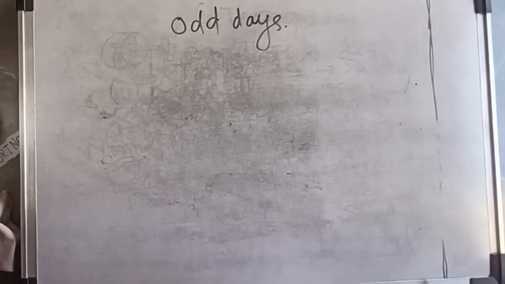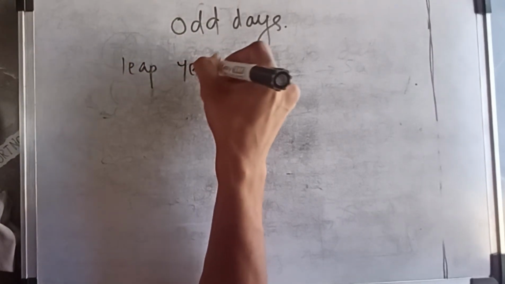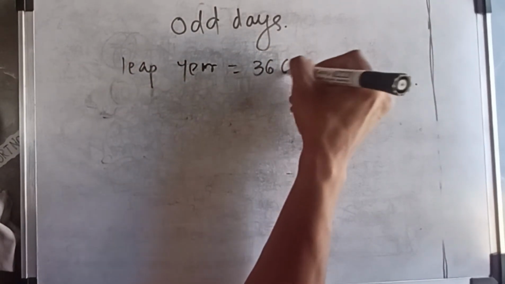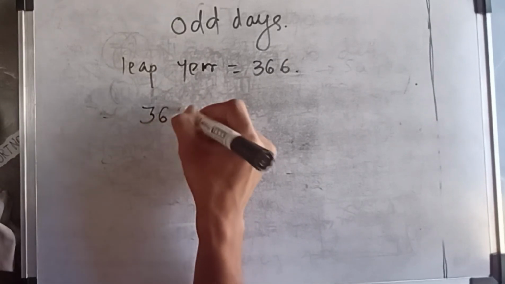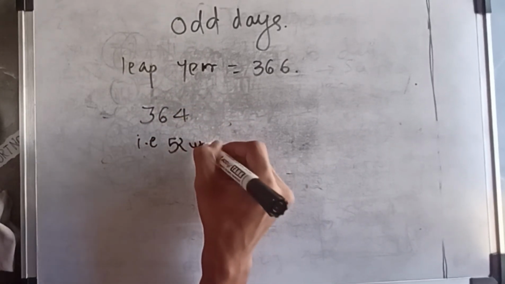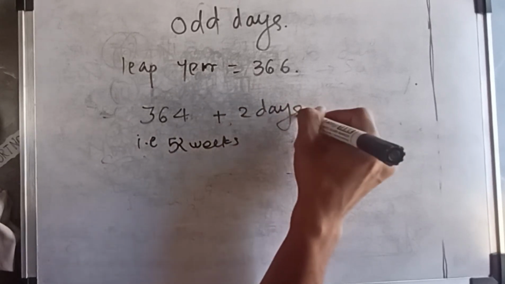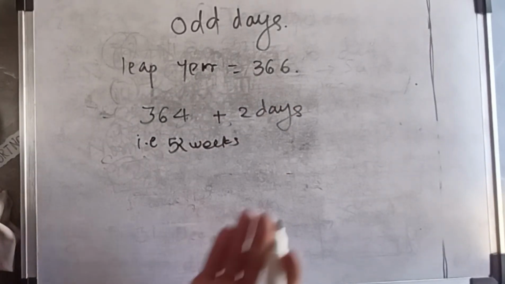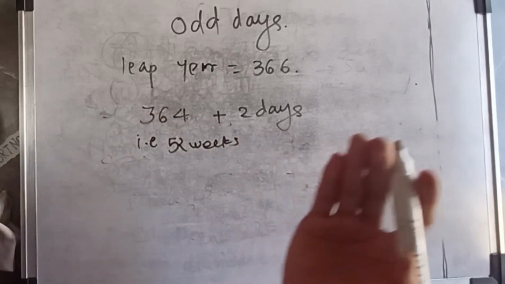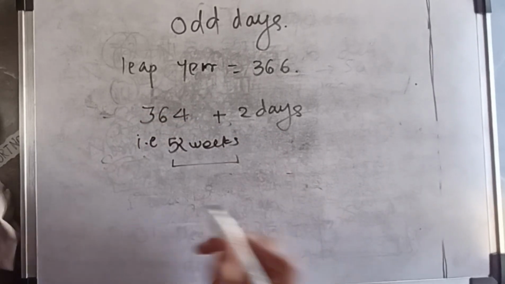So when it comes to a leap year, there are 366 days, which means 364 days, that is 52 weeks, and 2 days. So now the 52 weeks got consumed.